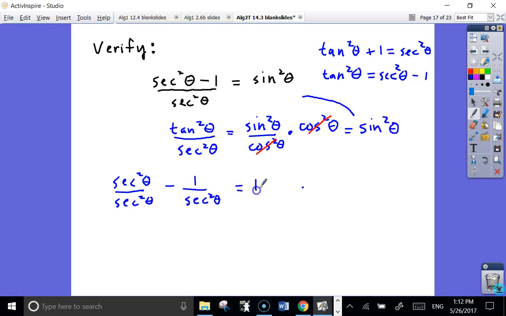That would be 1 minus cosine squared theta. But again, by sine squared plus cosine squared equals 1, 1 minus cosine squared equals sine squared. So really, a different way, same result, and they're both okay.